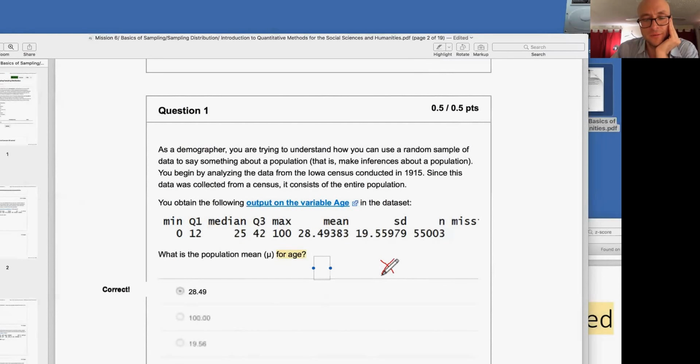If you wanted to write a sample mean, you have an X with that horizontal bar, and that would be simply you would add up every observation for age, every person's age, and then you divide by the number of observations. You do the same thing when you want to find the average for this population if you have the census.